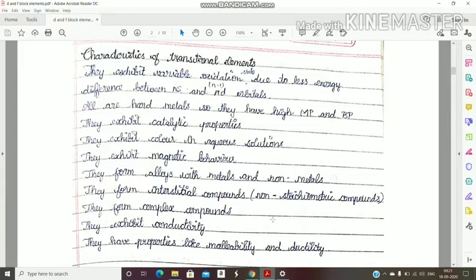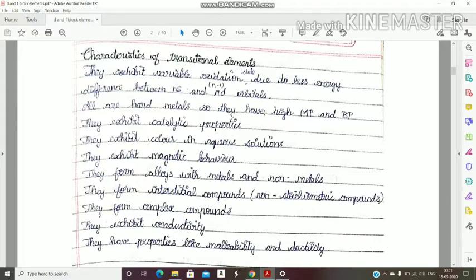Good morning, students. This is the next topic in D block elements, that is characteristics of transitional elements. First property is they exhibit variable oxidation states due to less energy difference between ns and n-1d orbitals. That means what?